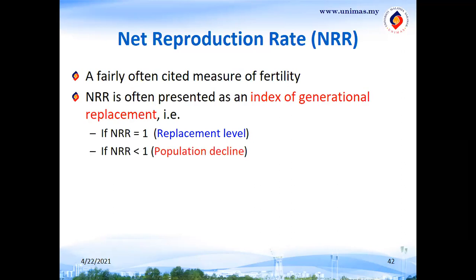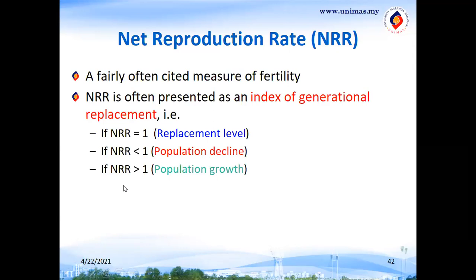If you have less than one, yeah, maksudnya on average, we're talking about average ya, kalau NRR is less than one, maka what it means also that some families do not have at least one daughter kan. So the eventual apa namanya kesannya nanti, ya, effect is population will decline if the net reproduction rate is less than one.